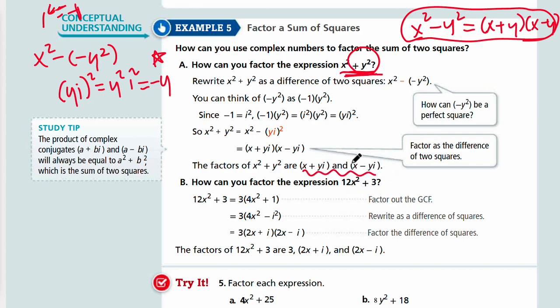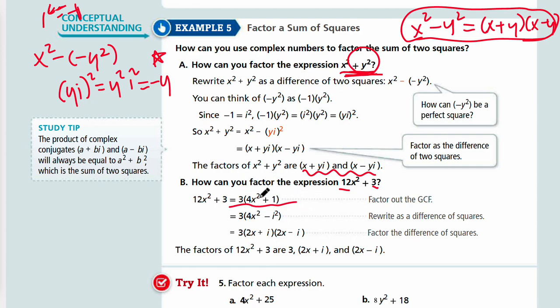Okay. So part B, how can you factor the expression 12x squared plus 3? So first of all, see if there's any GCF. We have 3 as a GCF, so you're going to factor out 3, and you have 4x squared plus 1 left over. And then we have this form x squared plus y squared. Normally in real numbers, you're going to stop here.